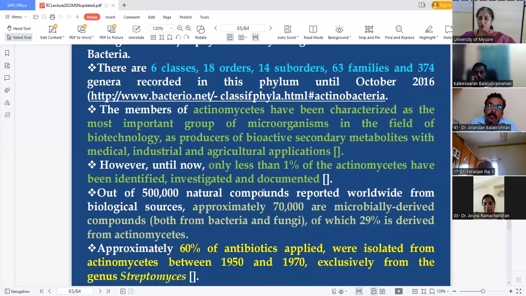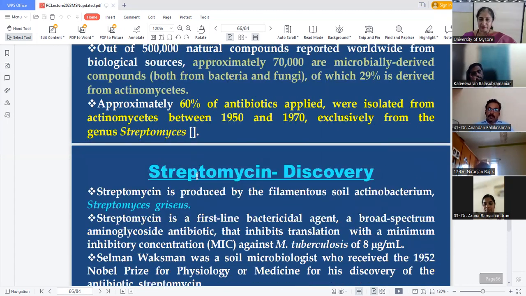And of the approximately 70,000 microbially derived compounds, 29% is contributed by the small group that is actinobacteria or actinomycetes, as they are called. And approximately 60% of antibiotics produced from actinomycetes between the 1950s and 70s were exclusively from the genus Streptomyces. Okay, so that's its importance.